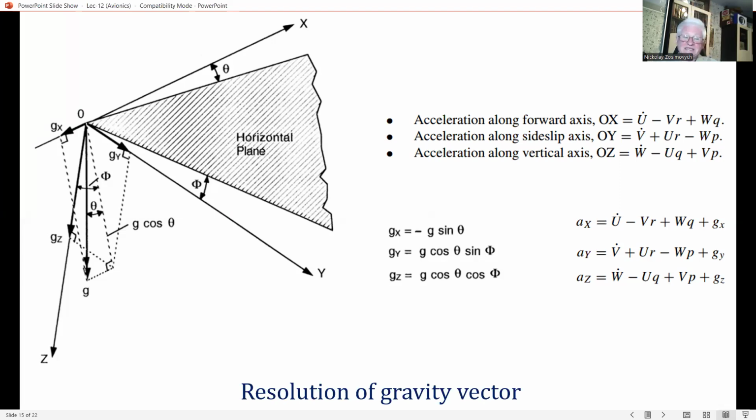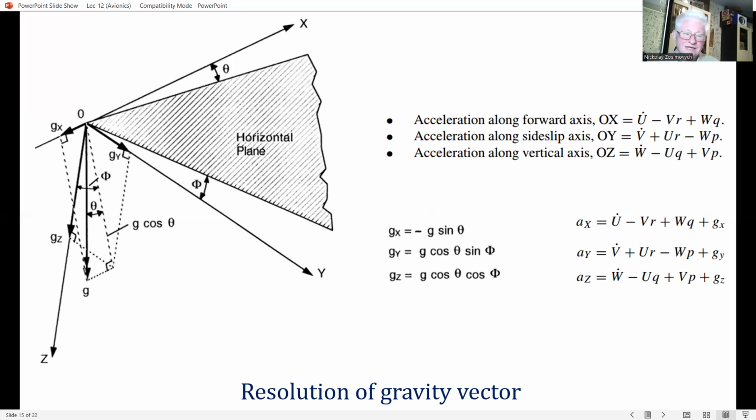The air data system provides outputs of true airspeed, which we denote here as V sub T, and the angle of attack or incidence alpha, and the side slip incidence angle beta.